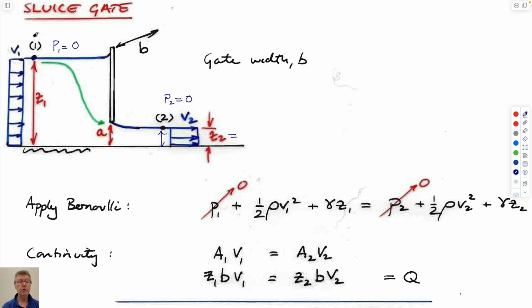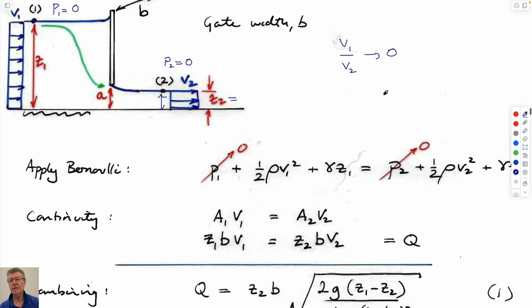And this may be V1, and this may be V2. Obviously, if this is really, really deep, and this is really, really shallow, then V1 goes to 0 compared to V2. But we don't need to make that assumption. We won't make that assumption here.